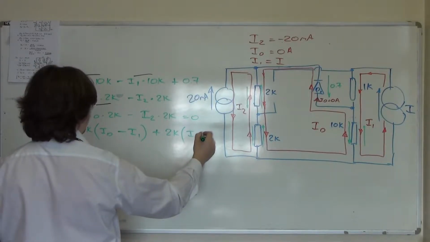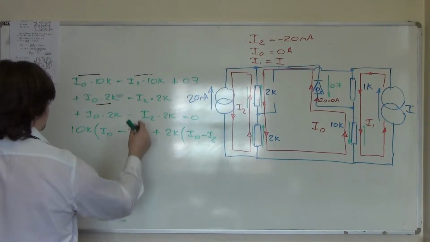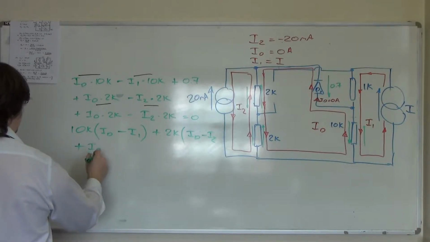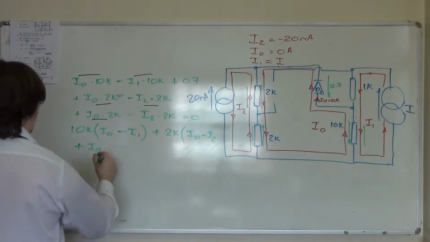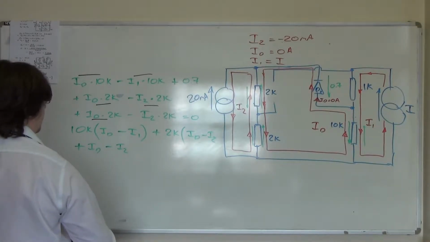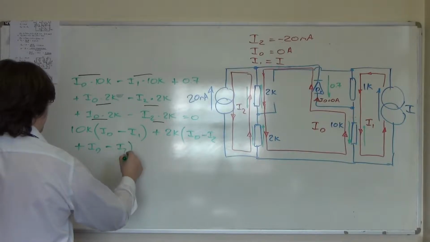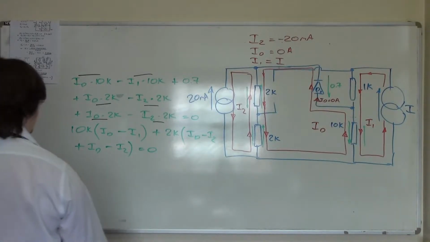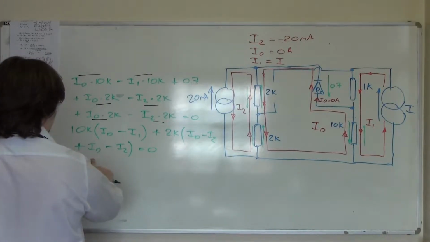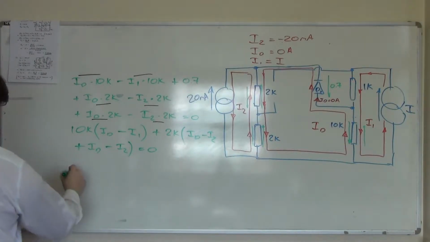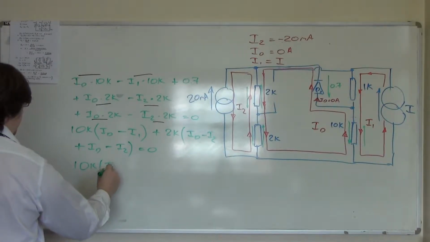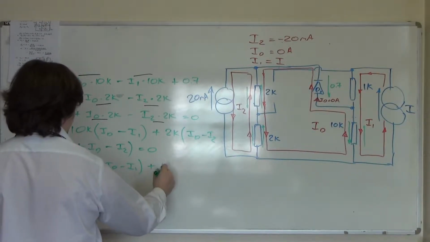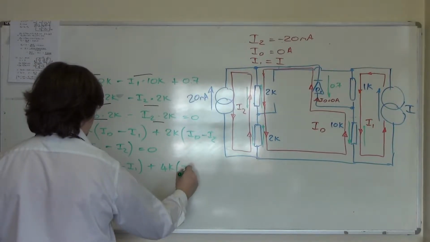Minus 2K, minus I2, which is that term, plus ID, which is that term, minus I2, which is that term, all equals 0. Okay. So I've got ID plus ID, and I've got I2 minus I2. So I can write 10K times ID minus I1 plus 4K times ID minus I2.